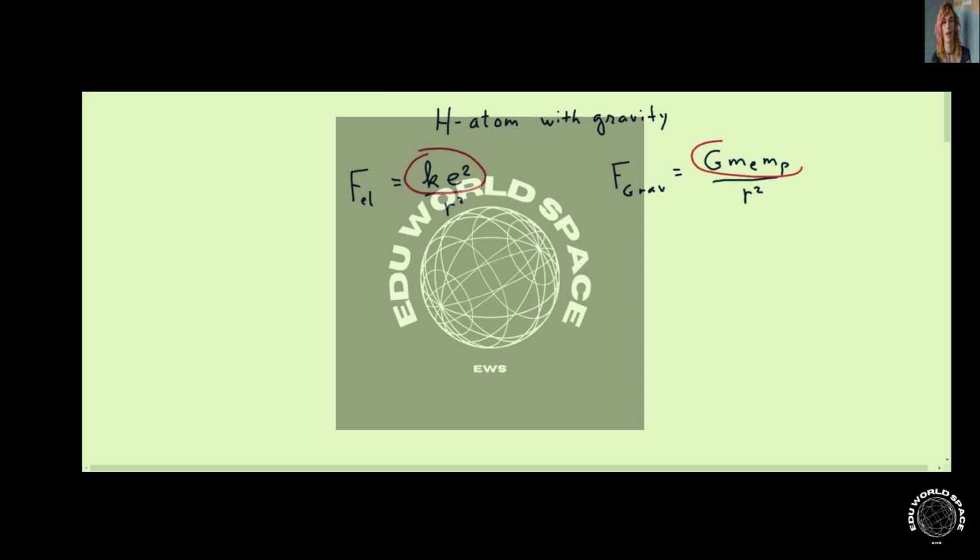So our goal is to take a look at the formulae for the energy levels in the hydrogen atom and simply, wherever we see the electrical constant, replace it with the gravitational constant.